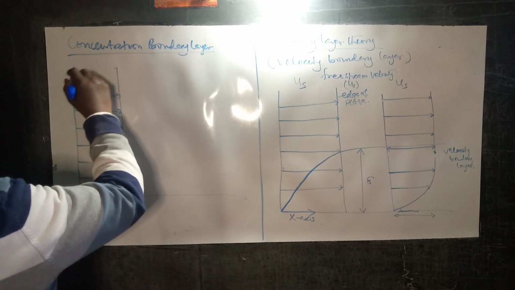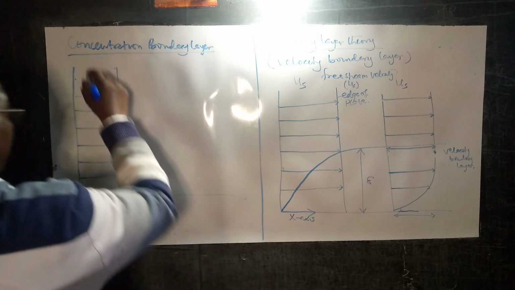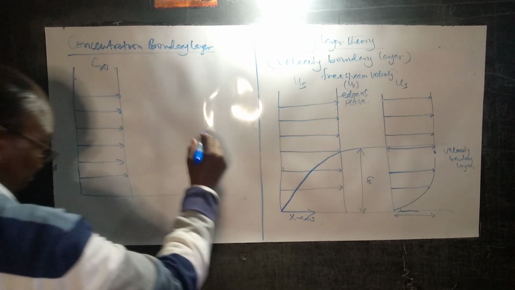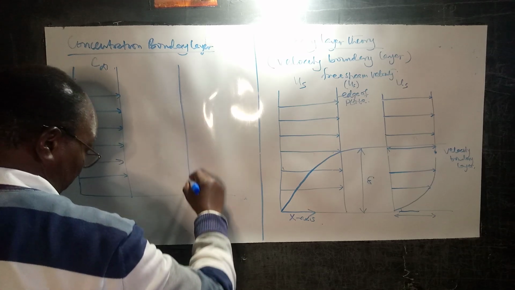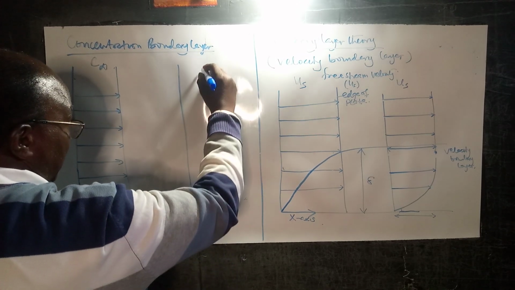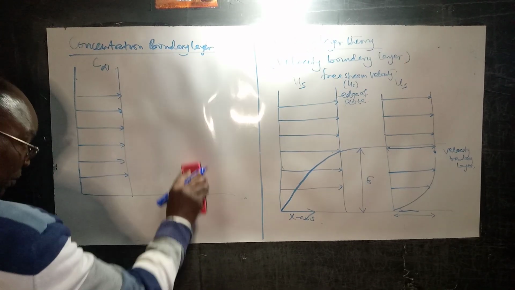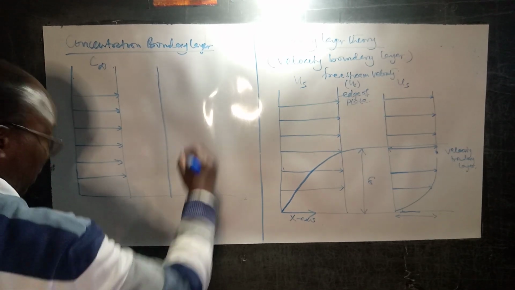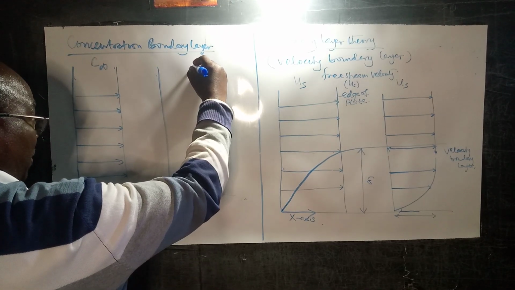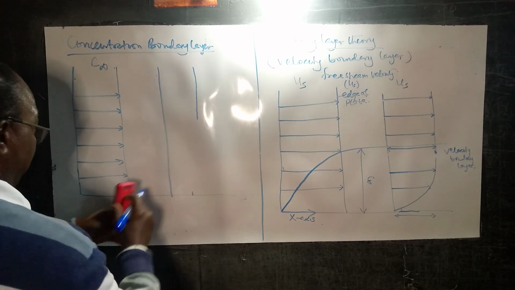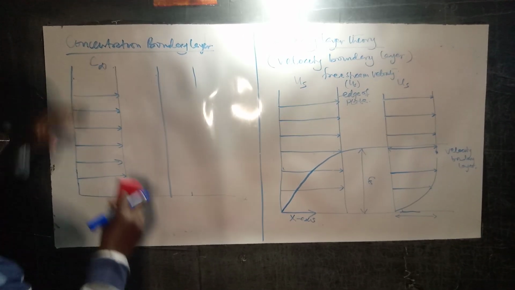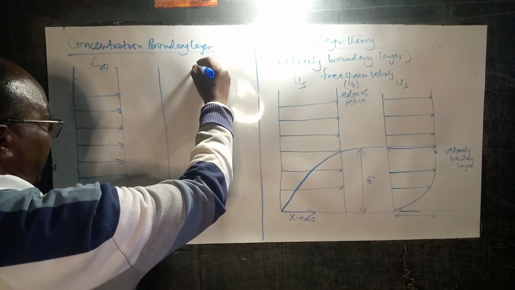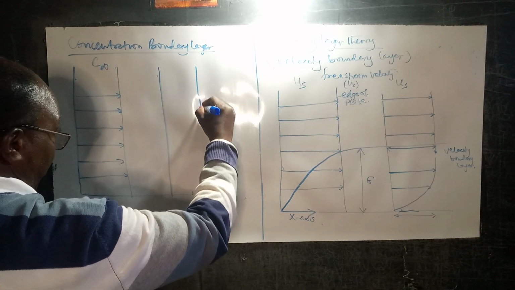Let's say the concentration here is infinity. Trying to have some portion which has the same width, in other words approaching the same velocity, concentration in this case.